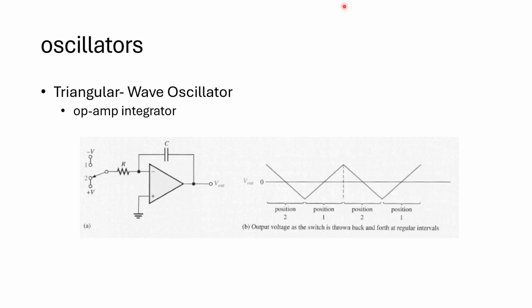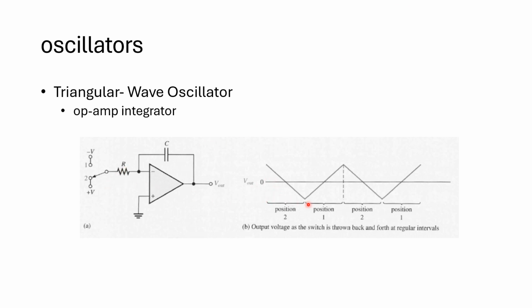So this is dual polarity. Switched input is used. Okay, so the switch is used only to introduce the concept. It is not a practical way to implement this circuit. So at position 1, the negative voltage is applied and the output is a positive going ramp.